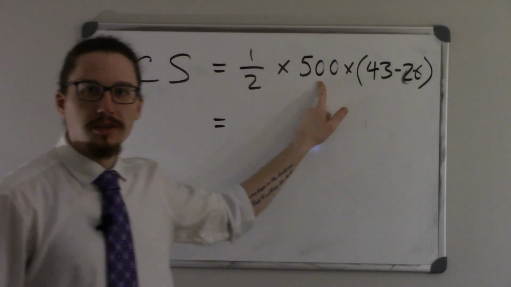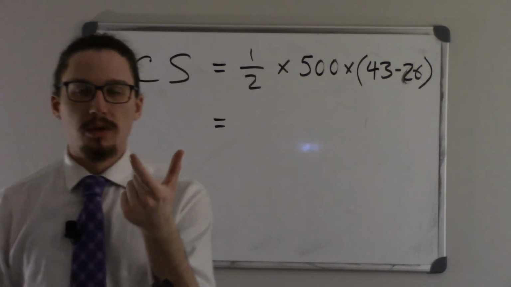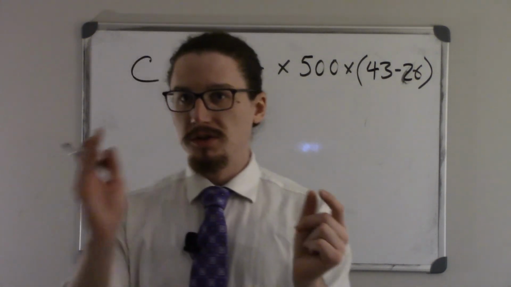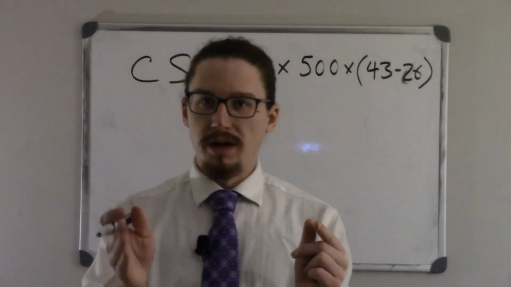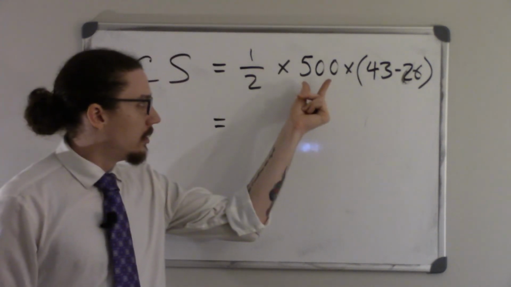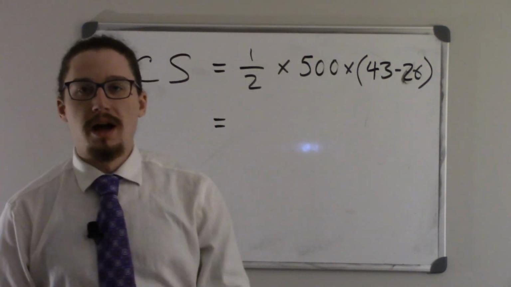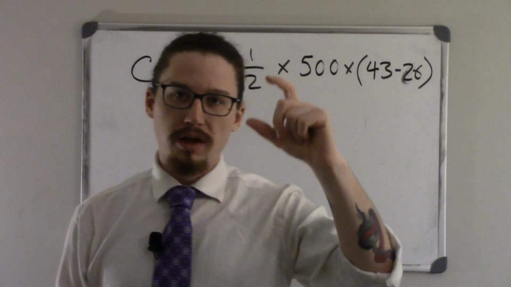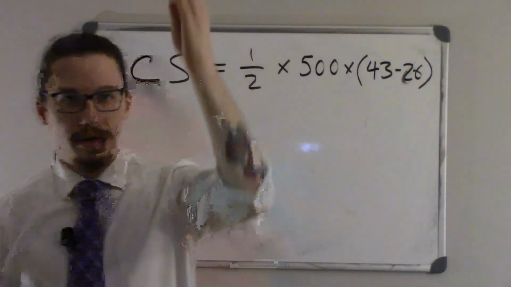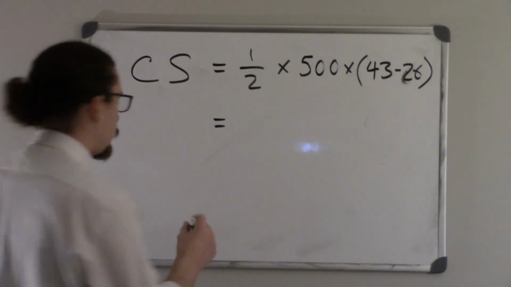The base is the equilibrium quantity, going along the bottom of our graph from 0 to that equilibrium. Then our height goes from 26 to 43 on our vertical axis.